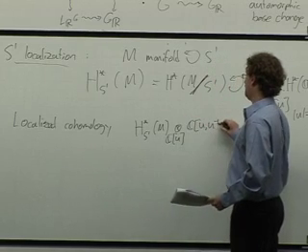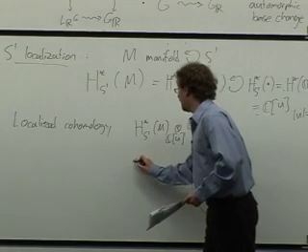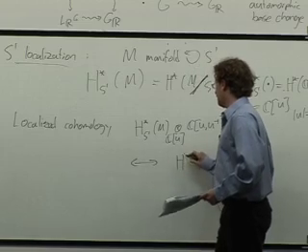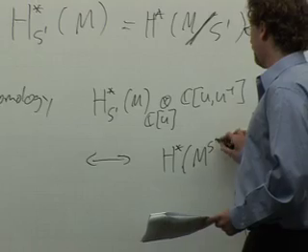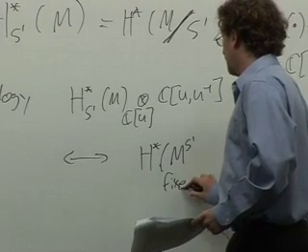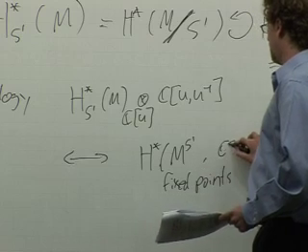So if I invert this generator in degree 2, this localized cohomology agrees with the cohomology of the fixed points. So this is captured by the cohomology just of the fixed points of M. Well, with appropriate coefficients.